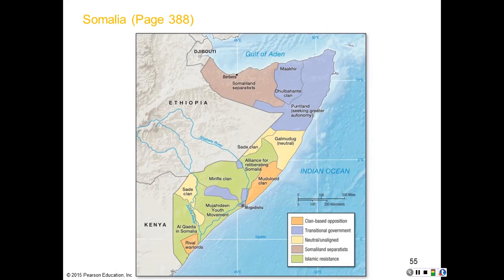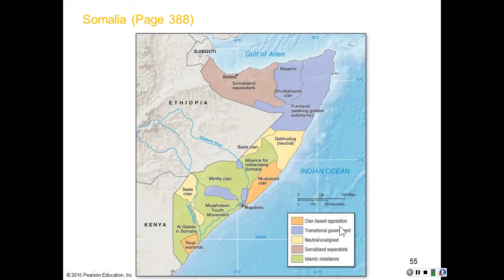This map on page 388 of your text shows a breakdown of the various clans and groupings within the country, clan-based opposition in the regions in orange, with rival warlords prevalent in the south, and Islamic resistance in the green areas.